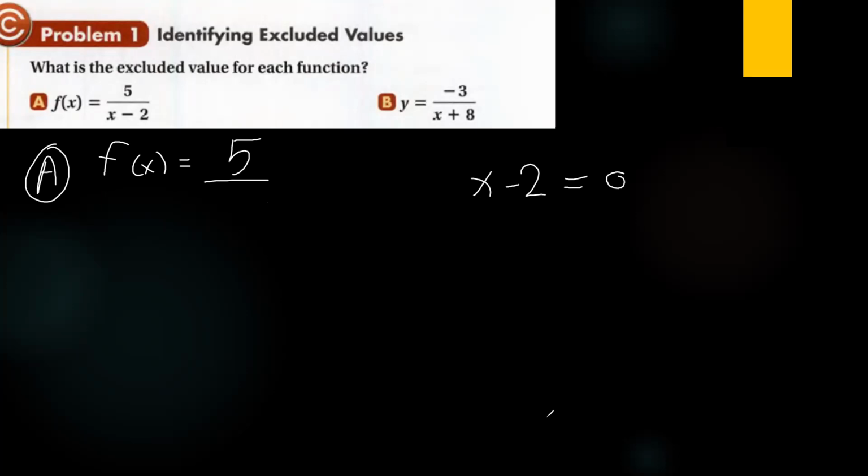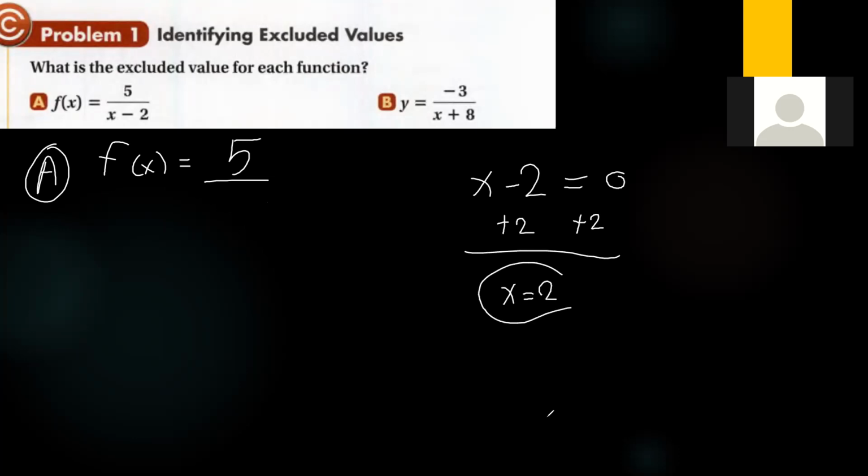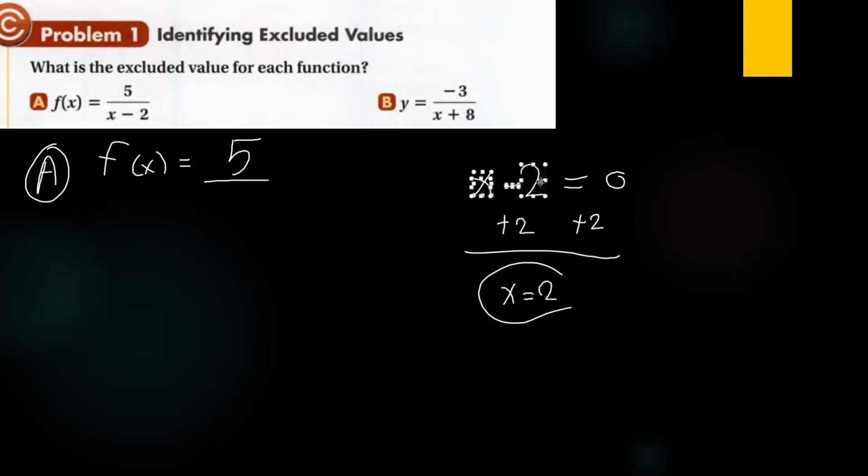So I find that at x equal to 2, I will make the denominator 0.